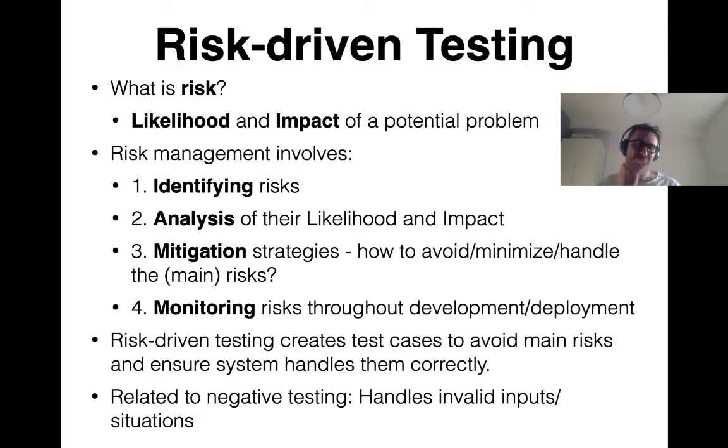So the likelihood is fairly high compared to other things that can happen within Microsoft Word. And the impact is also pretty big because people use word processing software often to, at some point, print, right? So it could be fairly problematic. So from a risk-driven testing perspective, Microsoft should spend a lot of time on testing the connection to different printers and making sure that there are no problems around this area.